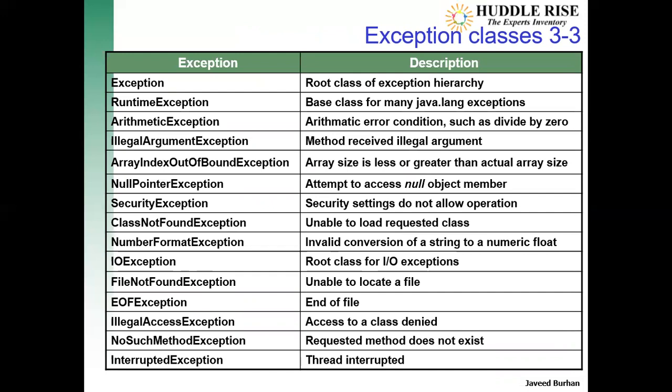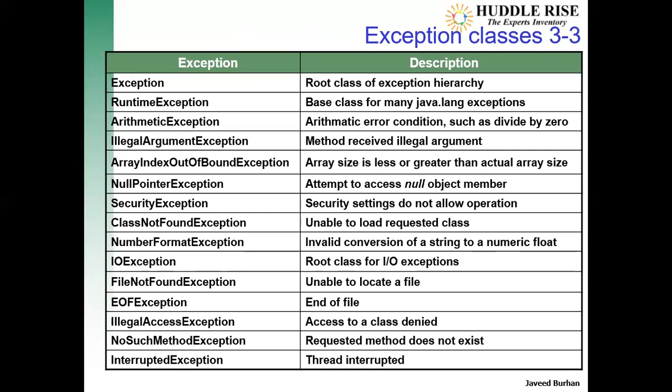All these classes we are seeing next to the Exception class are going to be its subclasses. The different kinds of exceptions will be generated depending upon the conditions you're working on.